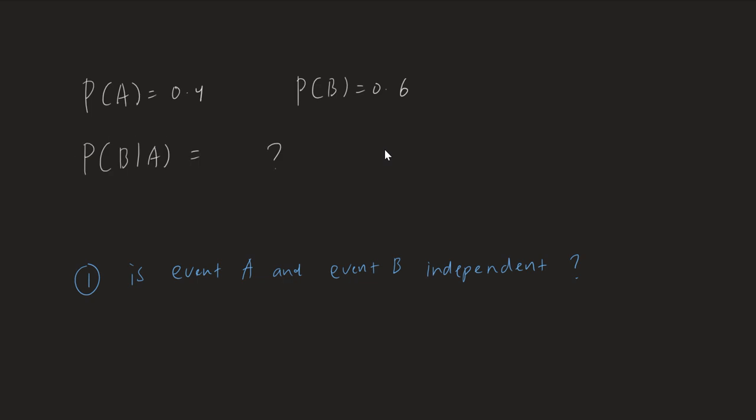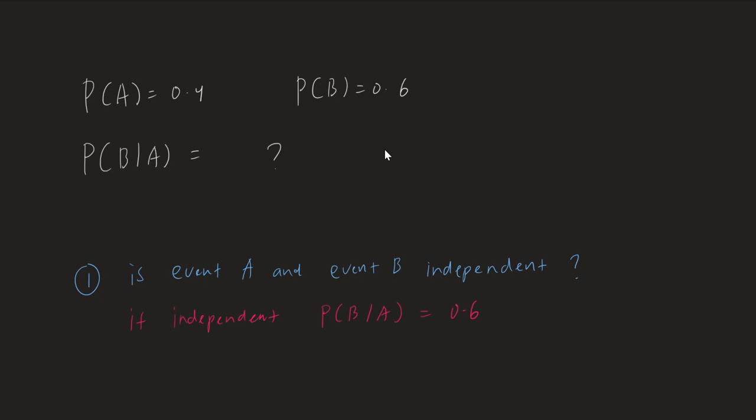If independent, then there's no such a thing as B given A. Or is it? If independent, probability of B given A will be 0.6.